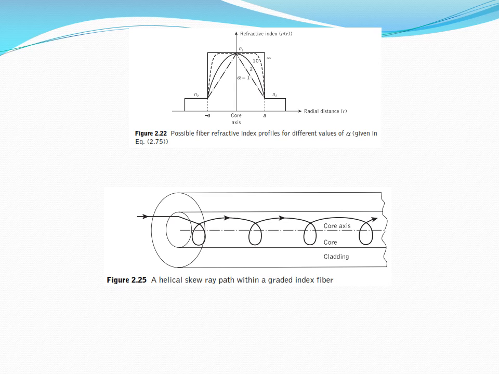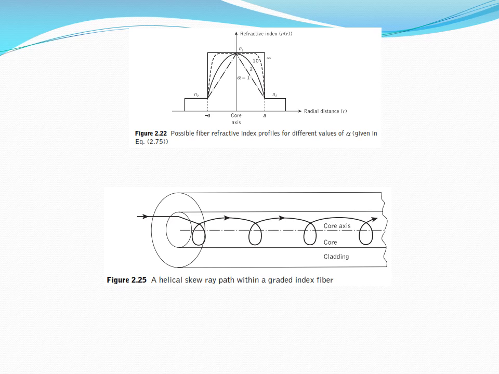Similarly, whenever the value of alpha is very high and reaches infinity, then the graded index fiber, whether it has a triangular or a parabolic profile, changes into a step index fiber.